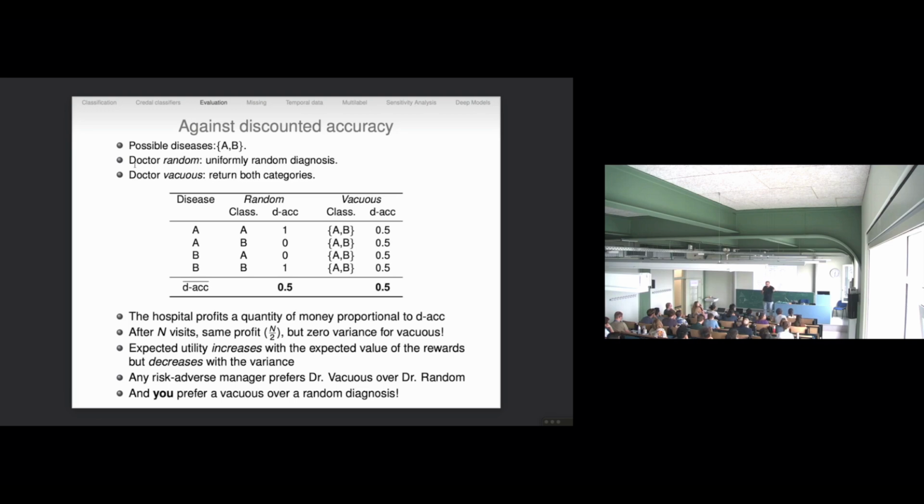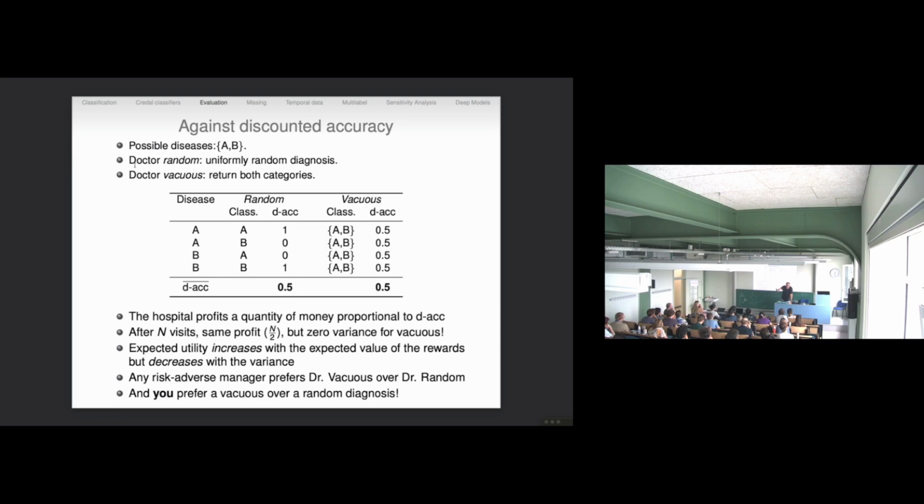So the utility I got from you, if I accept this, will always be 1/2, 1/2, 1/2, and your utility is 1/2. So from the point of view of expected utility, you are the same from my perspective. So which doctor should I prefer? If I only consider expected value, you are the same.